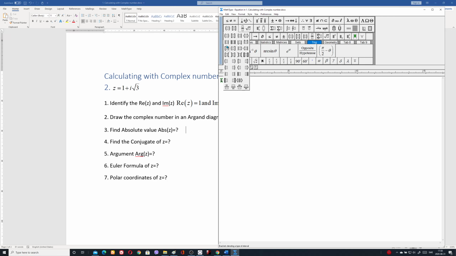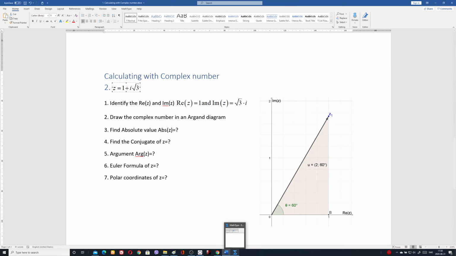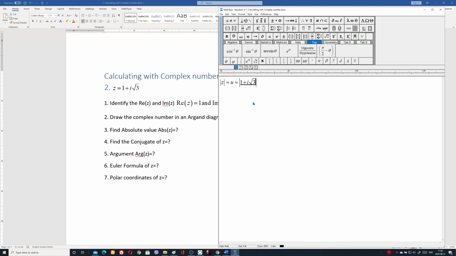So now we take the absolute value of z, and I'd like to copy this one, Control C, to write 2 times. Okay, and this one is equal.